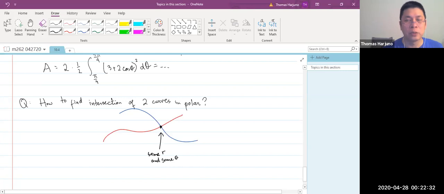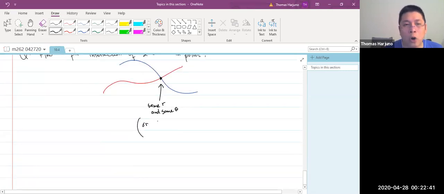There's actually another case, and this one is harder to explain: opposite r and theta differs by pi.